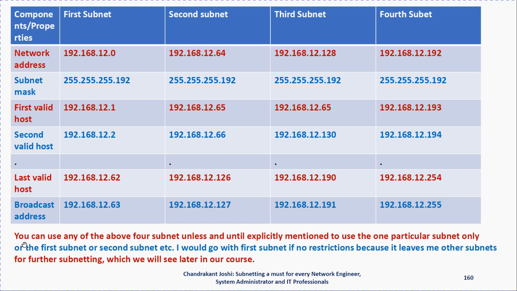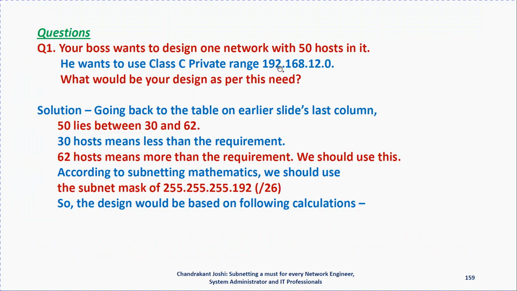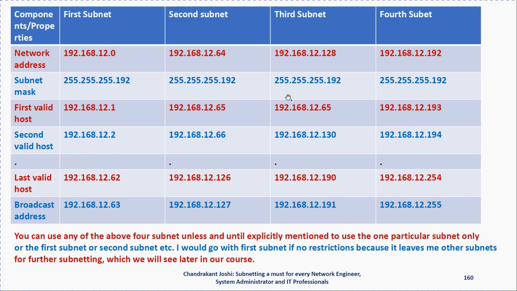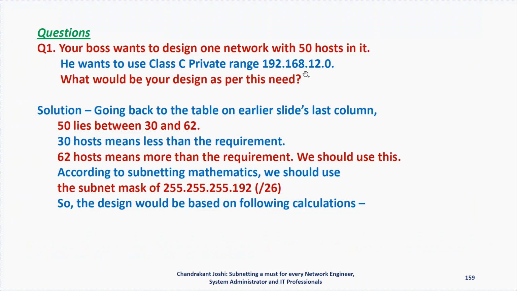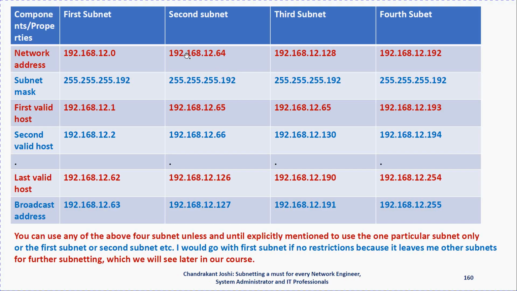Sometimes what happens, the question will ask you, I need to use 192.168.12.0, but I need to use the third subnet. So if they say third subnet, this is the first, this is the second, this is the third. If the question says to use the second subnet, then your subnet would be 12.64.